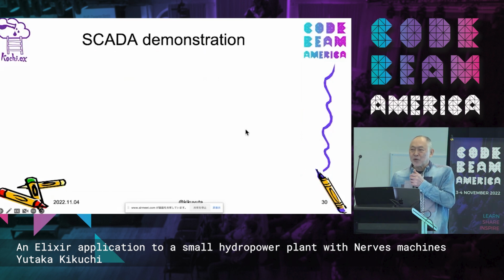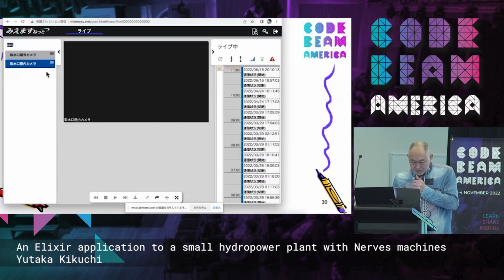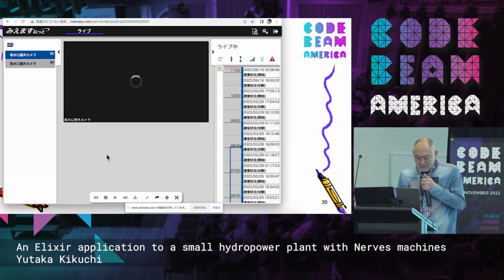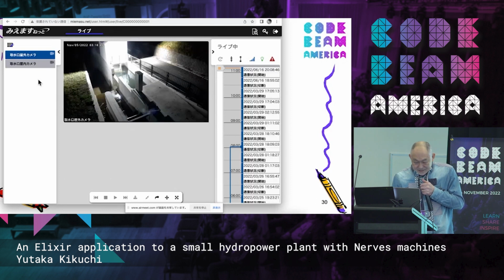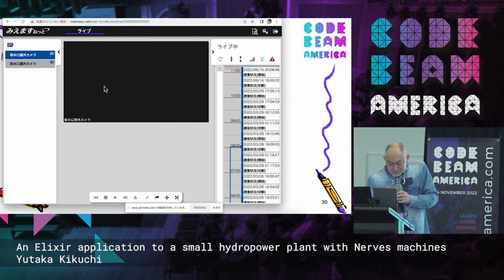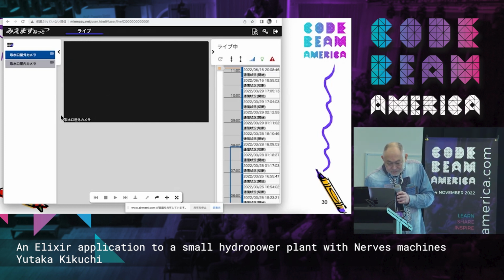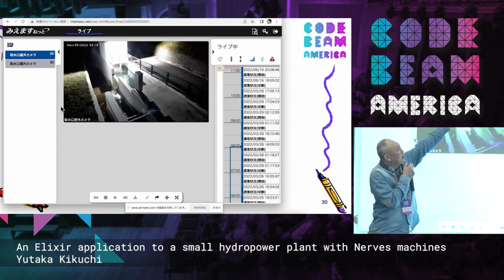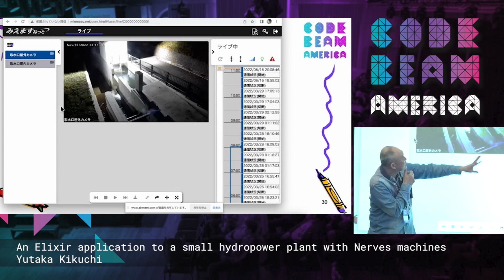So I will try a demonstration. Here is a canal, and there is an intake house where water comes from here to there.